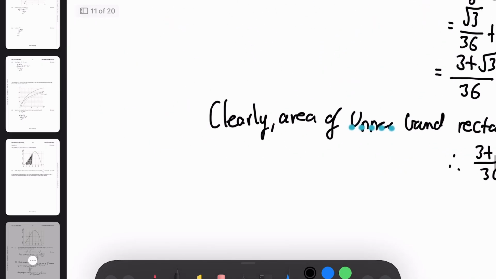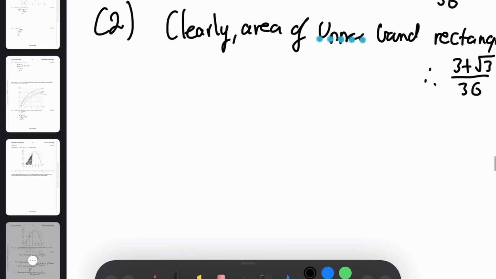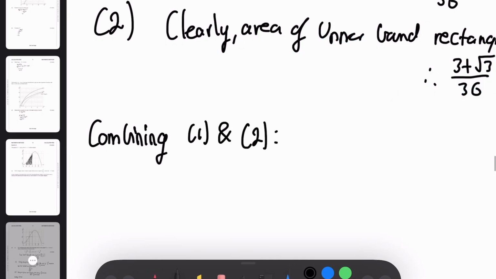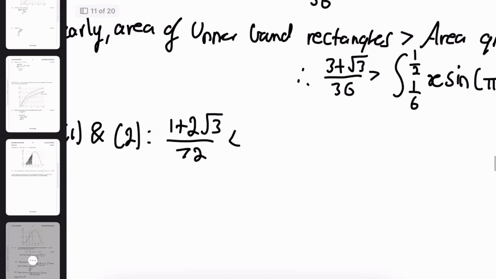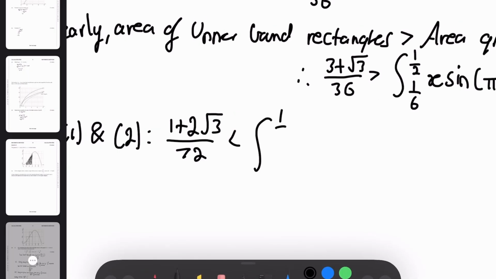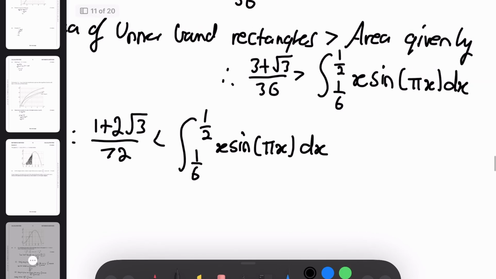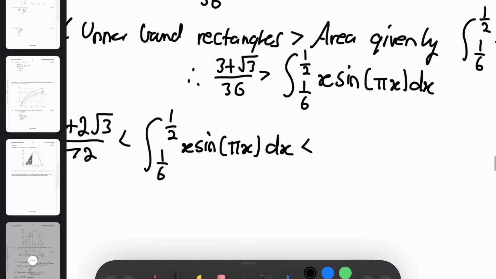Okay, then we can label this as point number 2. Combining point 1 and point 2, we have that 1 plus 2 square root of 3 on 72 is less than the integral, which is again less than 3 plus square root of 3 all on 36.